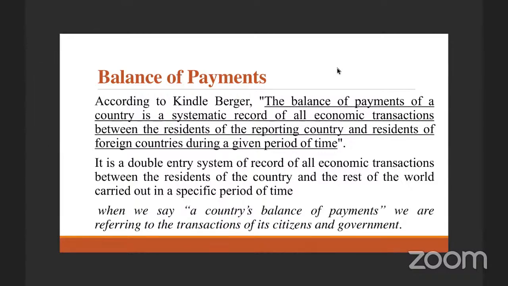What all happened with this country and the rest of the world? If you record all that, that's a balance of payment. It's a systematic record of all economic transactions of India with the rest of the world.